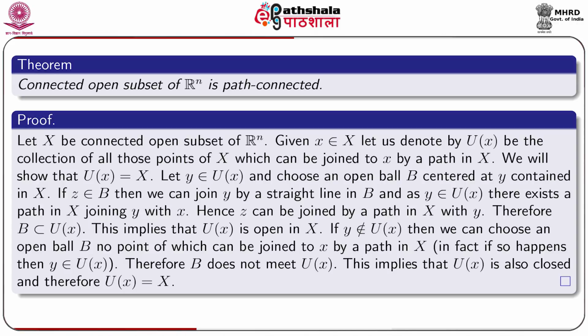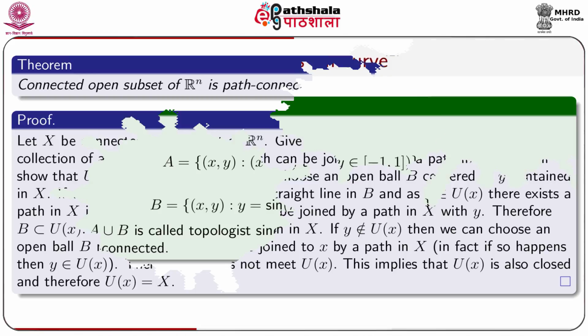These imply that U_x is closed, and therefore U_x is equal to X, so that any point in X can be joined to x by a path in X, and therefore X becomes path connected.